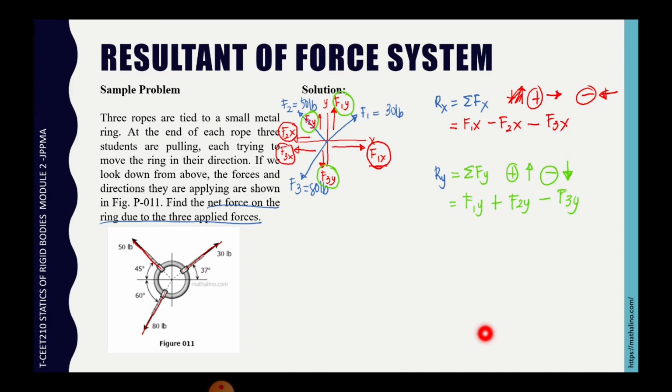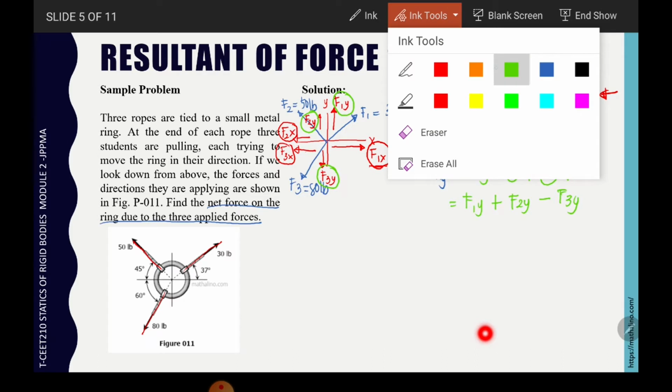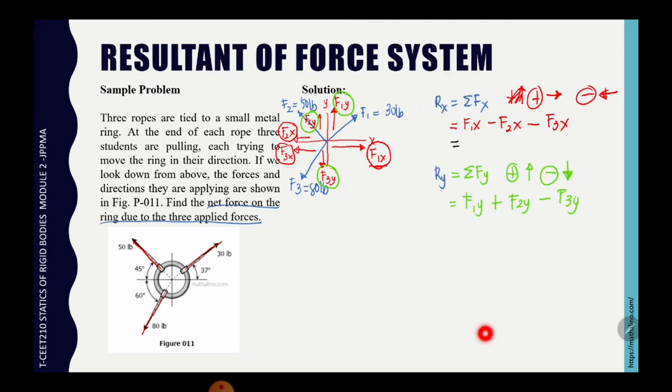So, Rx, si Rx naman, ayan, is equal to si F1x. Siya ay 30 pounds times, since may theta tayo dito na 37 degrees, cosine 37 degrees ang gagamitin natin. Minus, si F2 naman, 50 cosine.